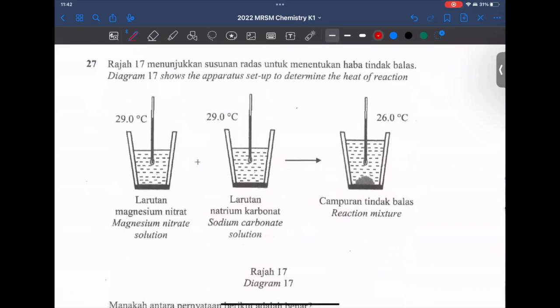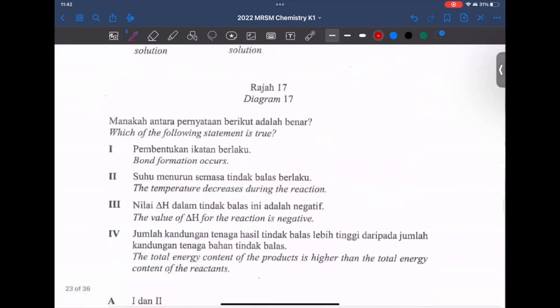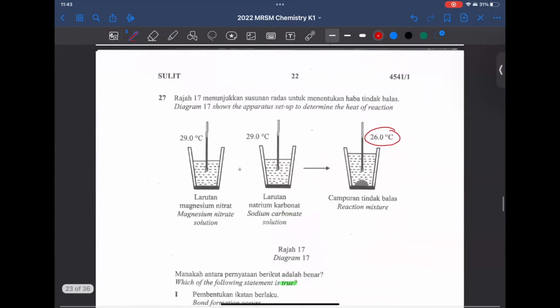27, diagram 17 shows the apparatus set up to determine the heat of the reaction. So 29, and after, 26, so it becomes lower in terms of its temperature, which means it's an endothermic reaction. So which of the following statements is true? Bond formation occurs. I mean, it's quite a weird thing to say.